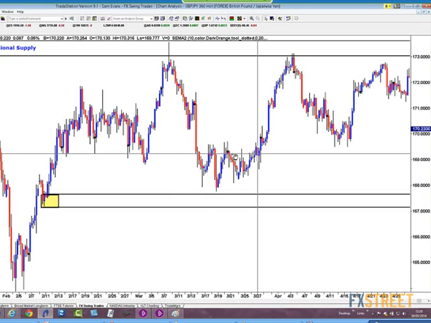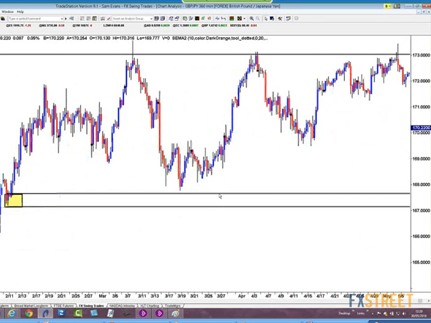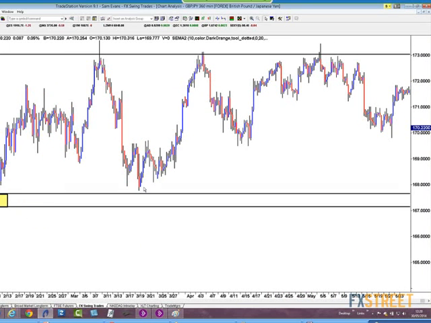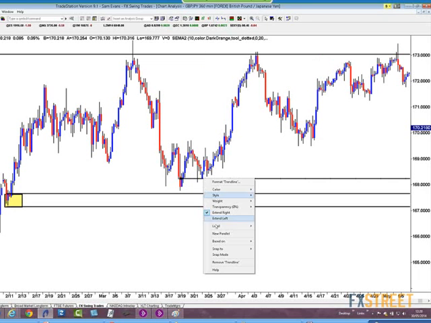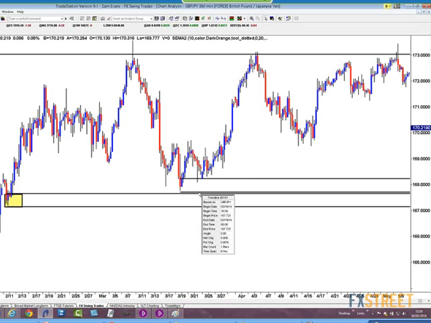Isn't it interesting how every time price got back near to this area again, we've had a strong rally from the area? Didn't quite make our area. But once it came back to those extremes, we formed another new area of demand right here, which did give us another pullback and another rally.